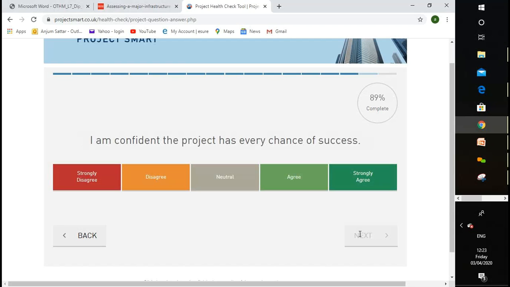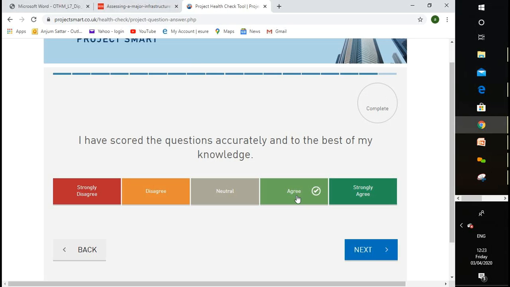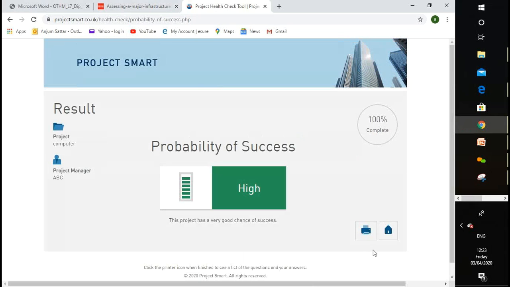Okay. I'm confident with the project, every chance of success. I have scored the question accurately and to the best of my knowledge. Yes? Okay. So in that case, the probability of success can be high, yes?